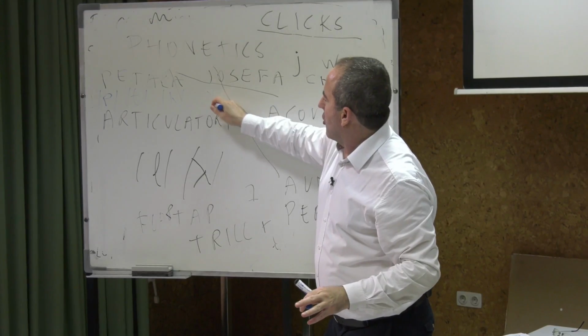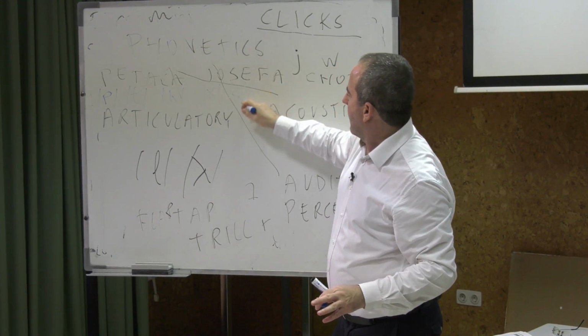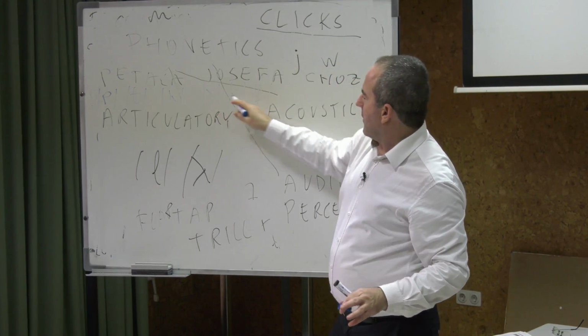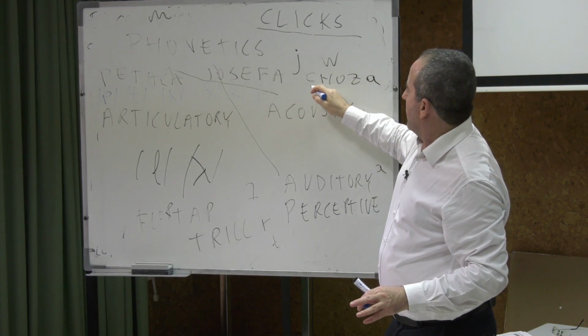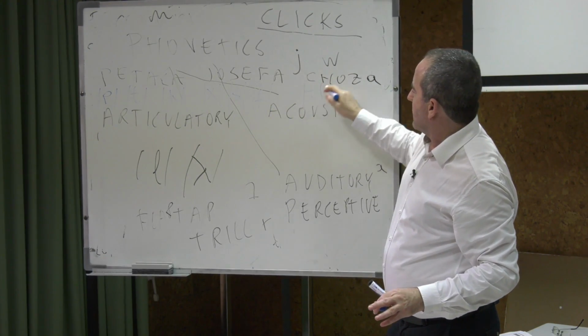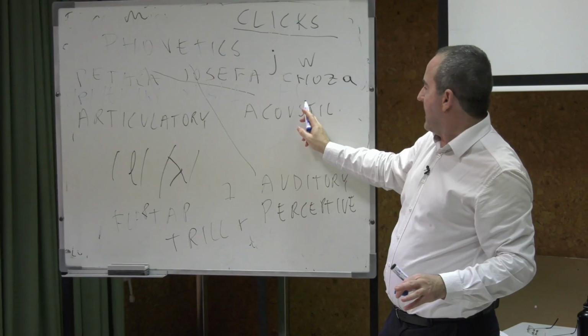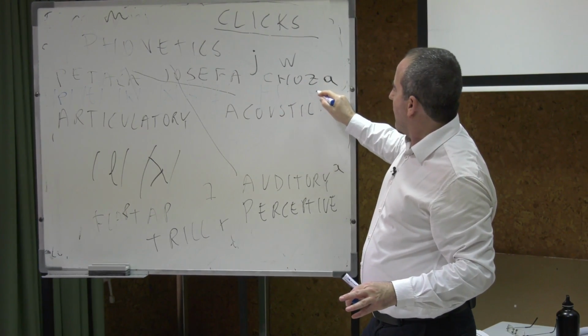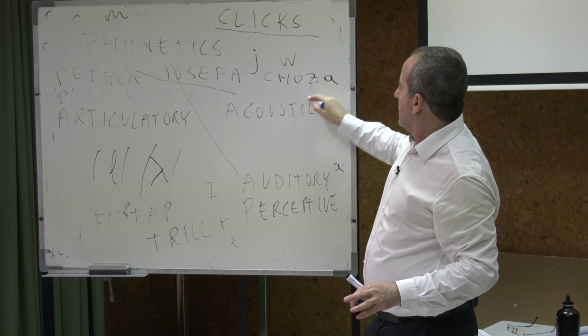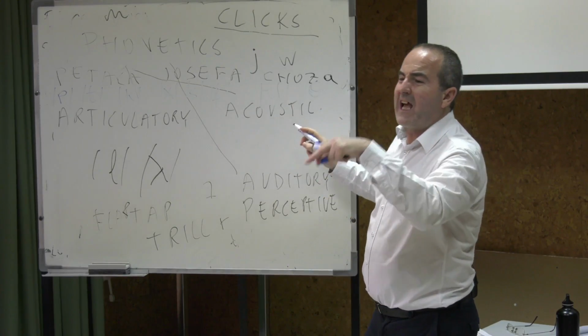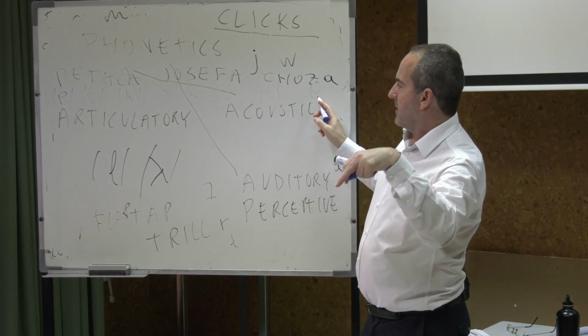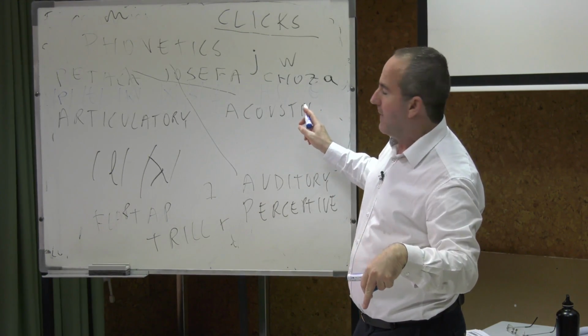We have Josefa, which are three of the fricatives, and then this is Che, which is the only affricate that we have in Spanish. And then we have this theta sound, the theta phoneme, that we only have in peninsular Spanish, the Spanish spoken in Spain.